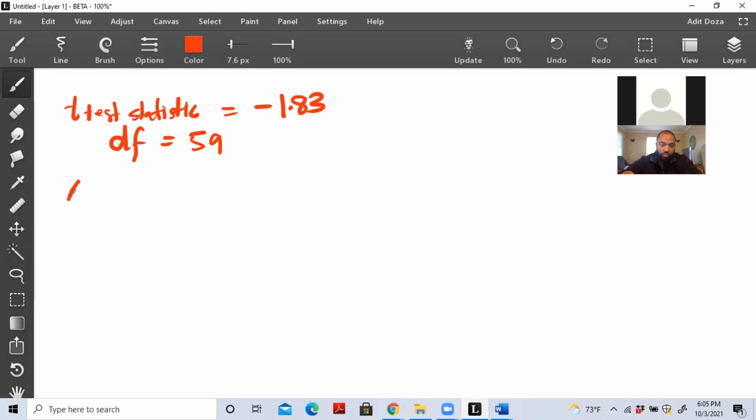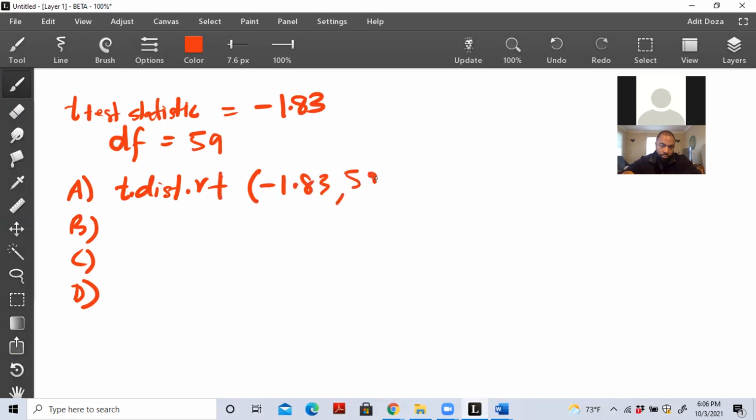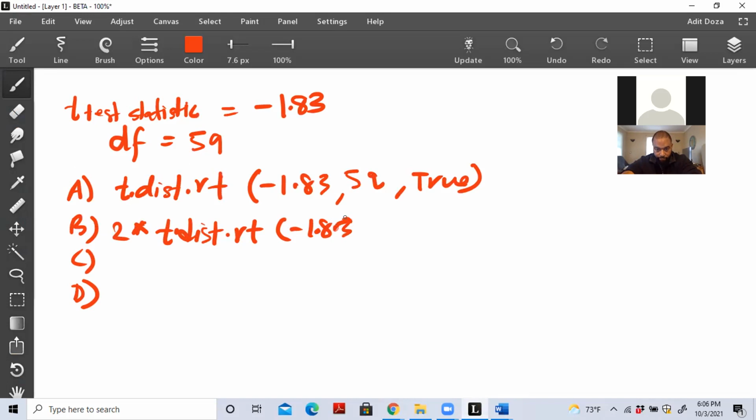So there could be a multiple choice question like this, A, B, C, D. If it is T.DIST.RT, then you can write 1.83, 59, TRUE. Another could be 2 times T.DIST.RT of 1.83, 59.